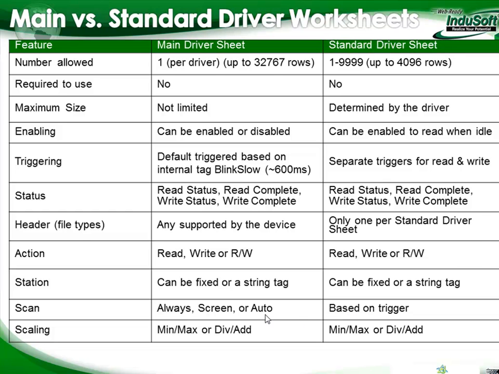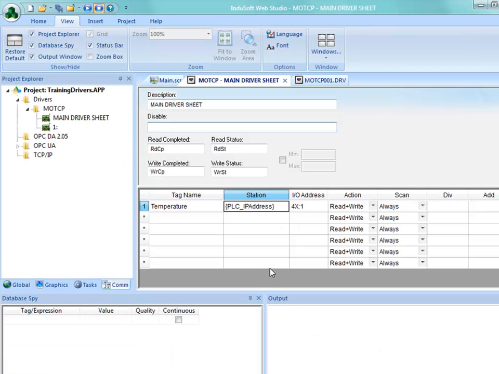Now let's take a look at the always, screen, and auto here. Always is the default, which means it will scan even if you don't have the tag name on a particular screen. With the screen setting, the tag will only be communicated to the PLC when that particular tag is on the screen that is showing at the time.